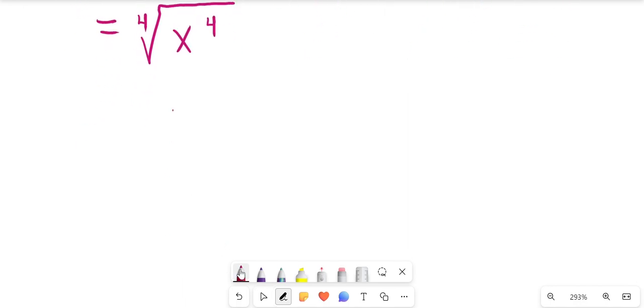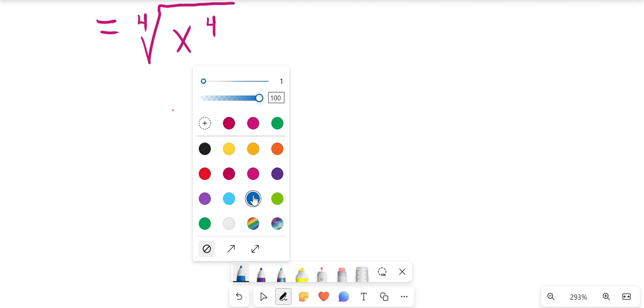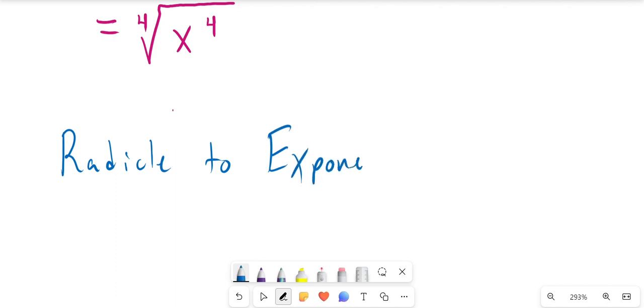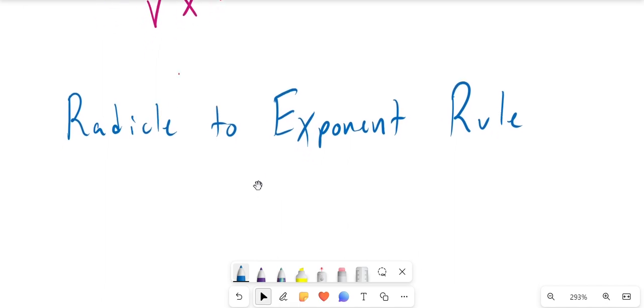So here we go. Let me take a really contrasting color, and let's say we'll call this the radical to exponent rule. And it's a way of translating the two notations.